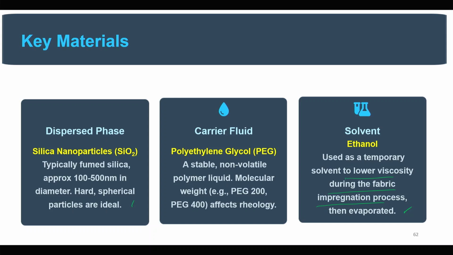Effectively, the dispersed phase silica nanoparticles will remain with the polyethylene glycol on the fabric surface, and then when the impact is there, the silica nanoparticles will get agglomerated and form a hard layer, which is effective for the increase in the viscosity.